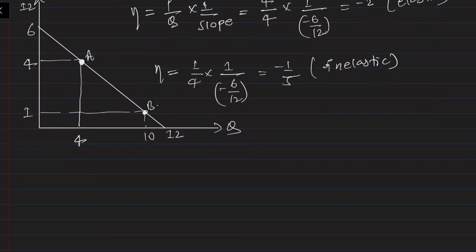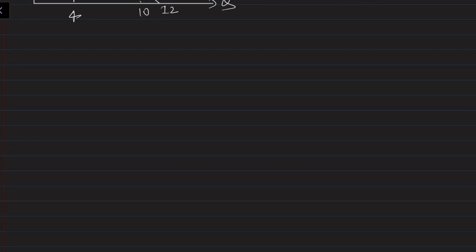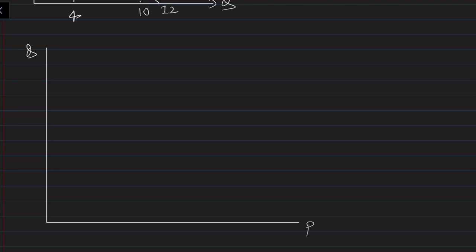Okay, so let me draw one more graph. Price, quantity, and this is the demand curve. Okay, let's say this is A, this is B, and this is a right angle, right?